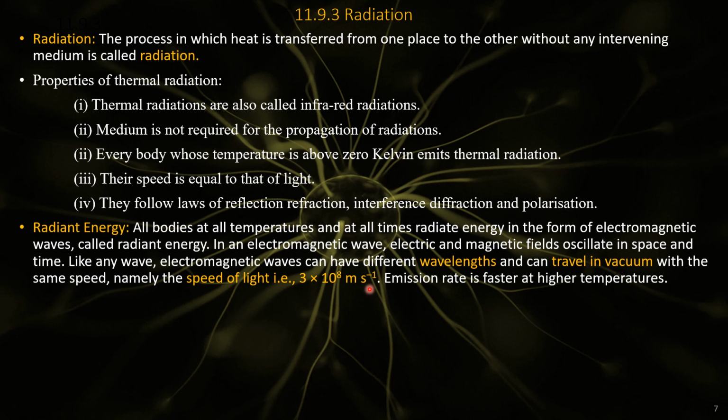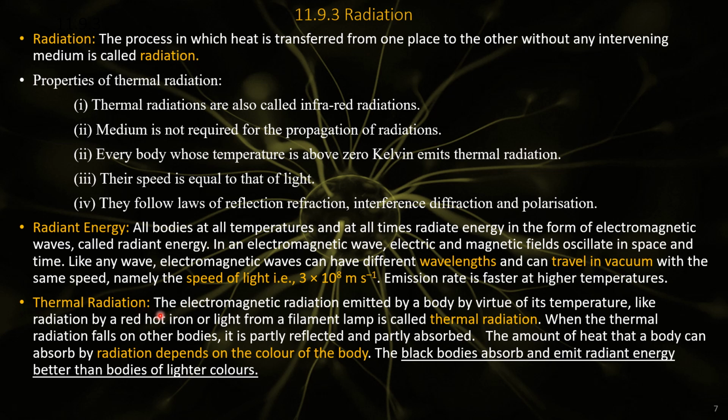Till then, just remember that radiation takes place in the form of electromagnetic waves, which have different wavelengths and travel in vacuum also. The emission rate of radiation is faster at higher temperature. So, if the body is at a higher temperature, the emission rate is high.